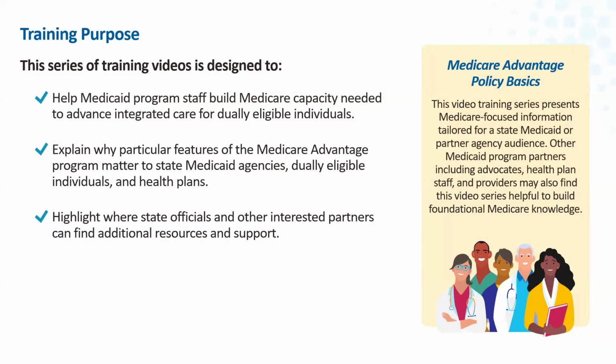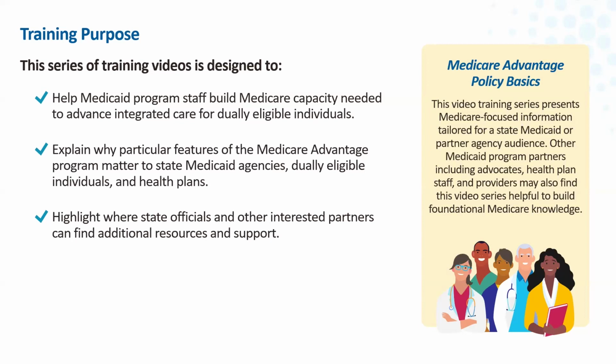The goal of the Medicare Advantage Policy Basics video series is to support Medicaid and partner agency staff as they build needed Medicare capacity. Many states are focused on improving care delivery for individuals dually eligible for Medicare and Medicaid.